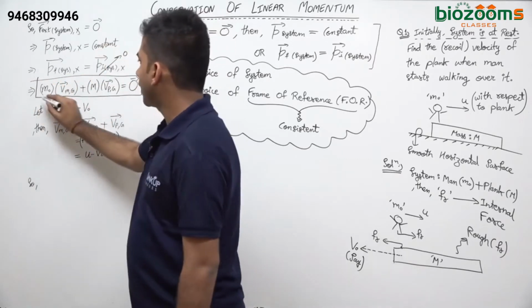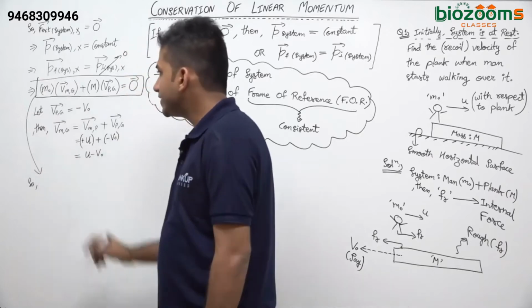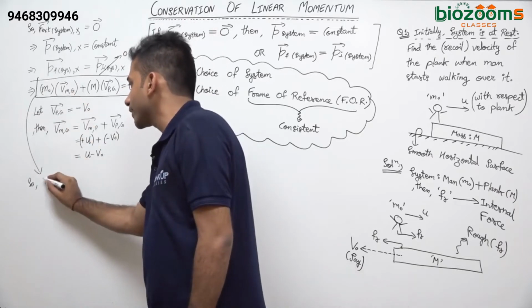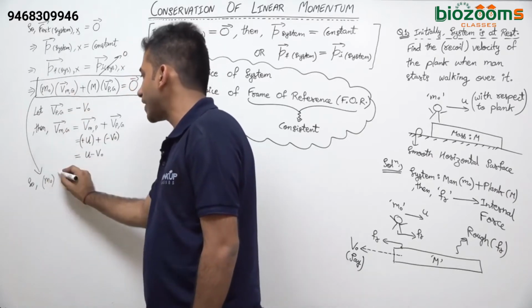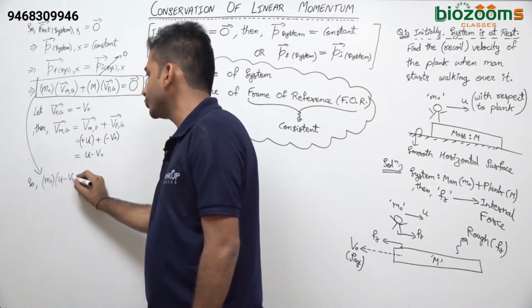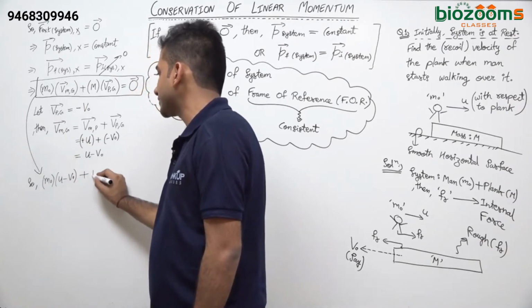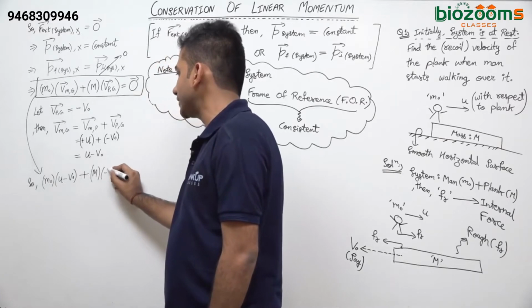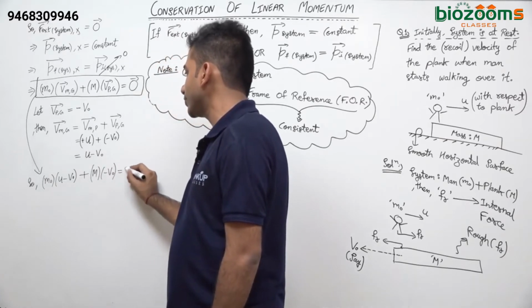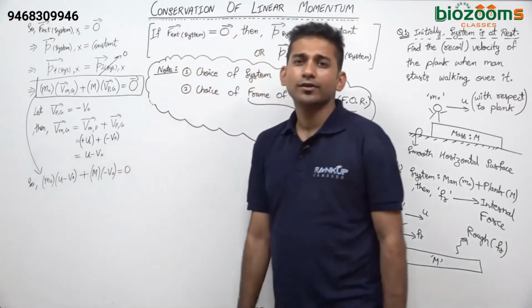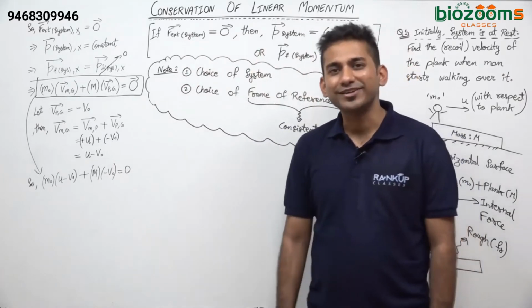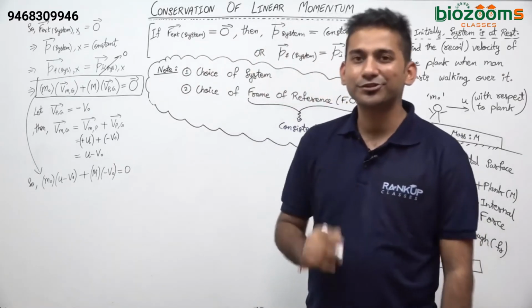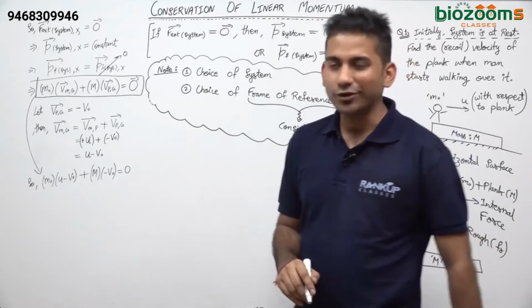equation. According to this equation, can we say m naught into velocity of man with respect to ground, that is u minus v naught, plus capital M into minus v naught, that must be equal to 0, initial momentum. What is our motto? What we need to determine? Do remember it, right? We need to determine the value of v naught.